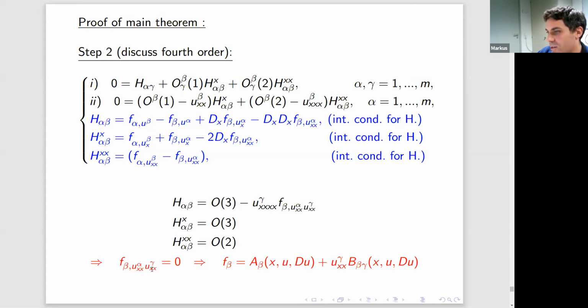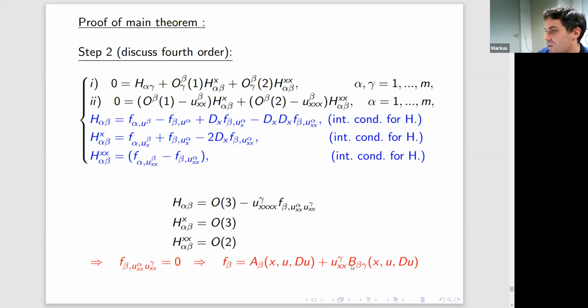I told you that these are two partial derivatives, and you can integrate this easily, and this gives you that f must be affine linear in second order derivative coordinates. So some coefficients a beta and b beta, and then here affine linear, and this is first order.